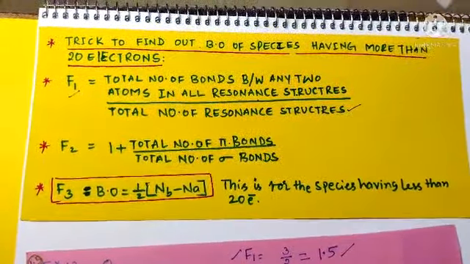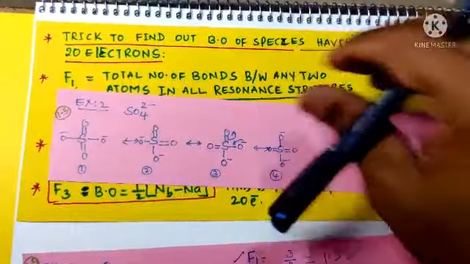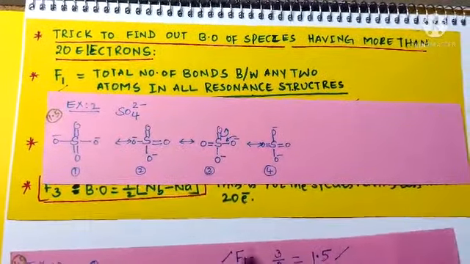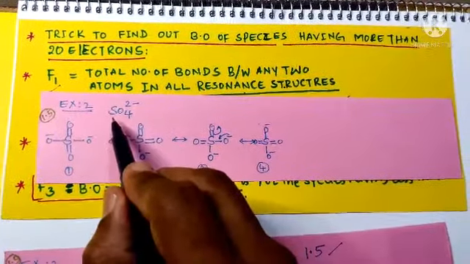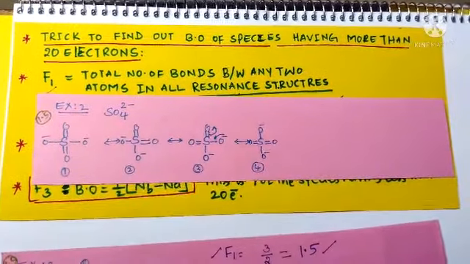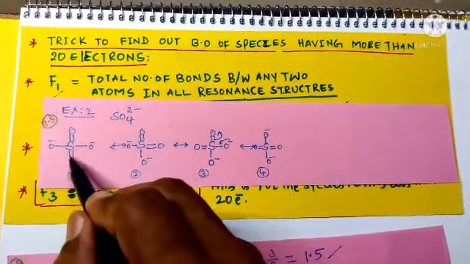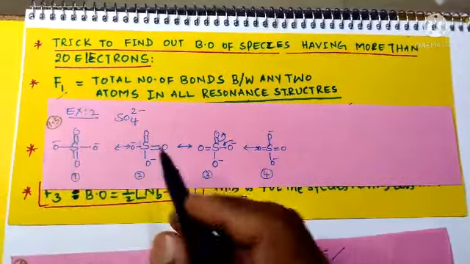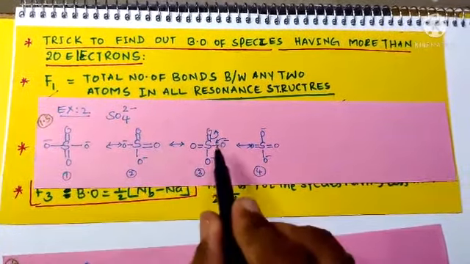Now I'll take a third example, that is the sulfate ion, students. Here the central element is sulfur, and around it 4 oxygen atoms are surrounded. Here 1, 2, 3, 4, 5, 6 bonds are there in total. Take any resonating structure.